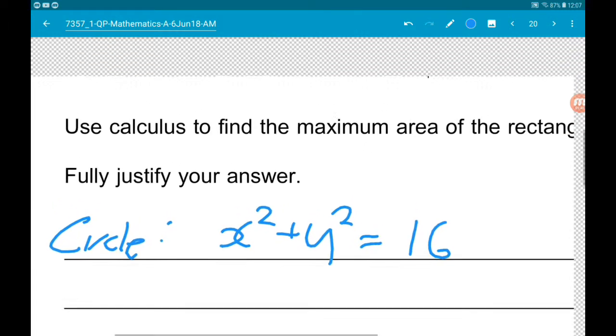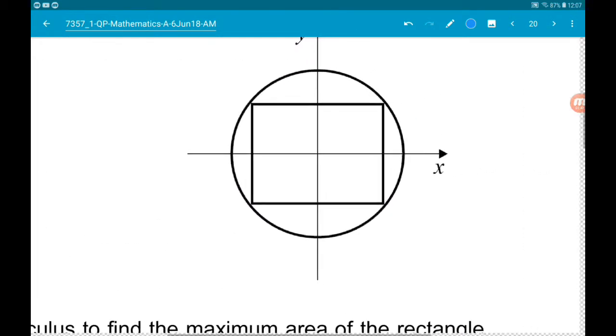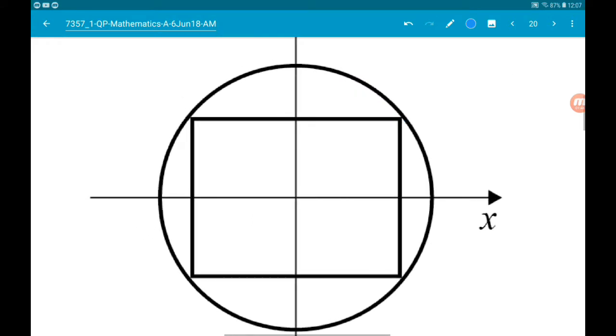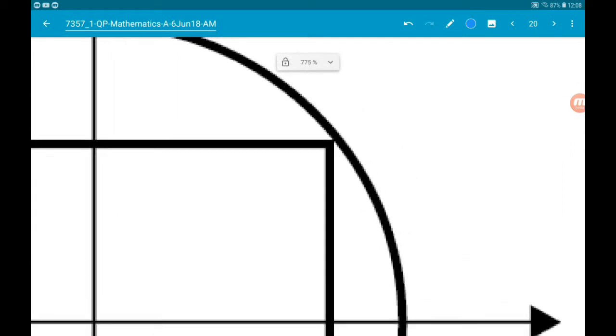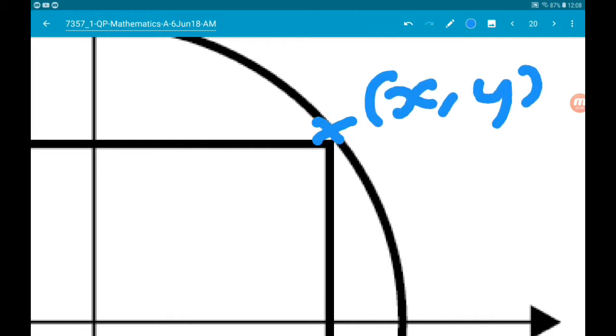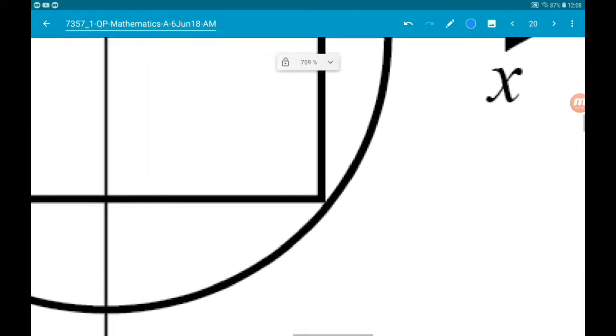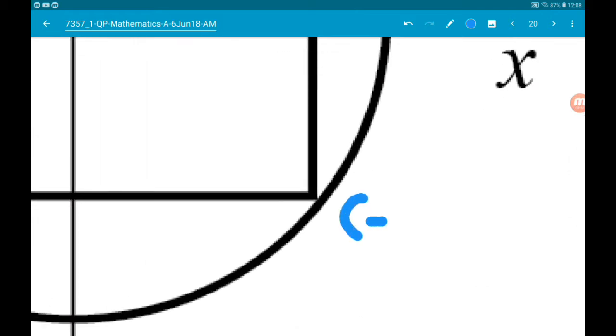Now we also know that circles are incredibly symmetrical, and a circle centered at the origin is going to have mirrored coordinates. So if we take this point to be x, y, the point down below is x, minus y.